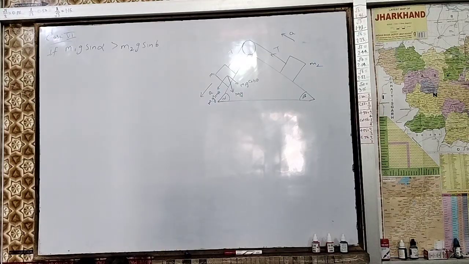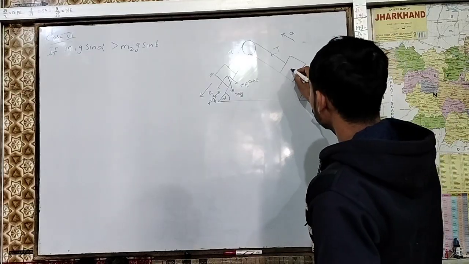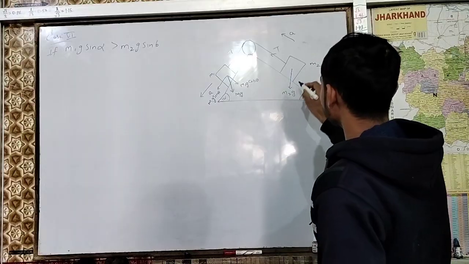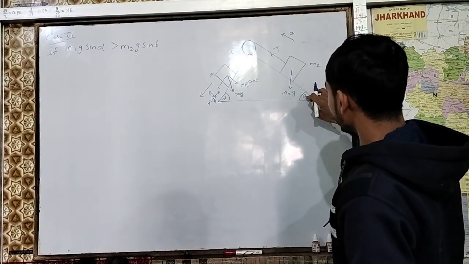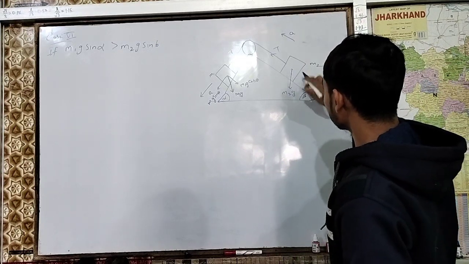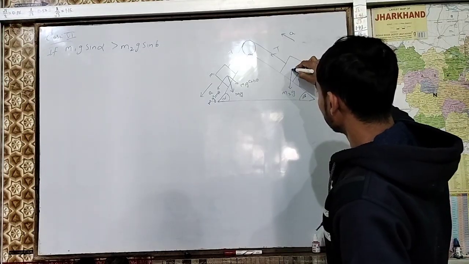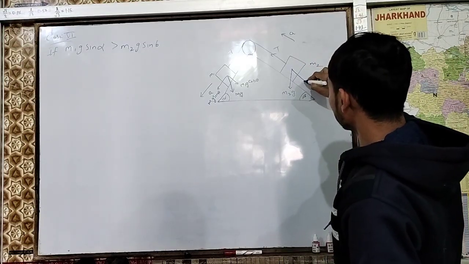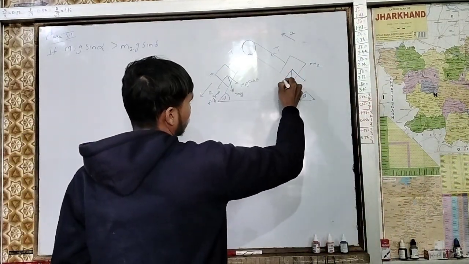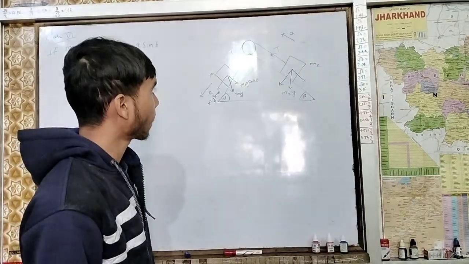Same with this secant, m2. Our m2z will be like this. According to this theta, components will be there.